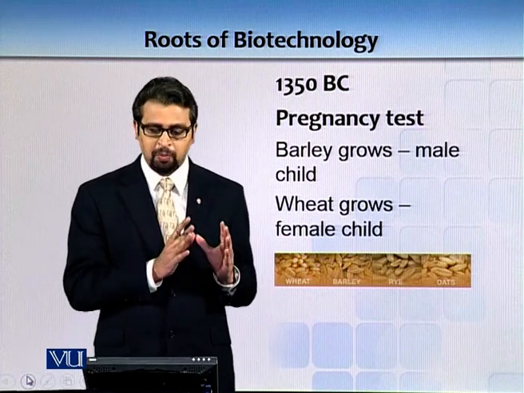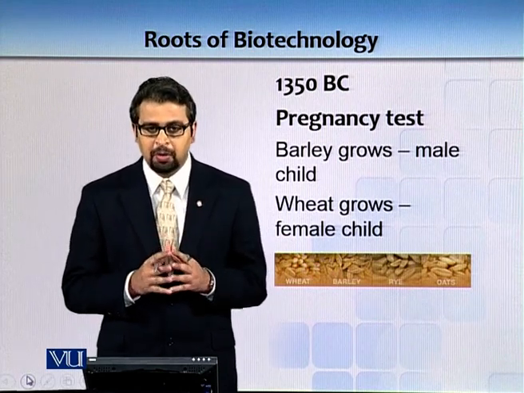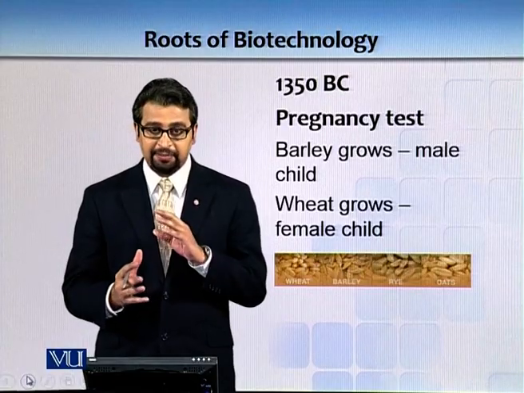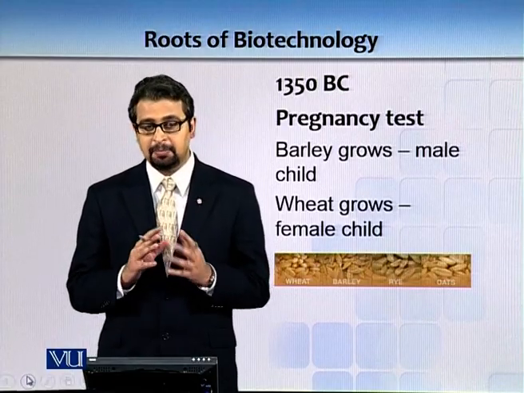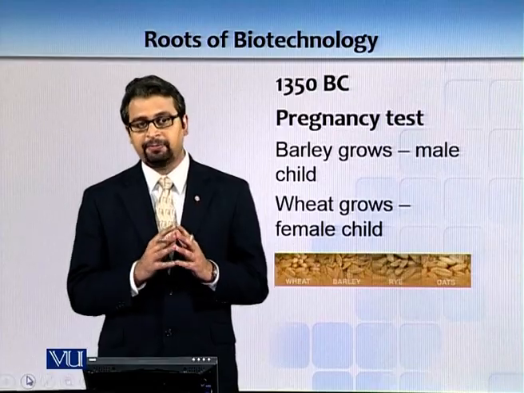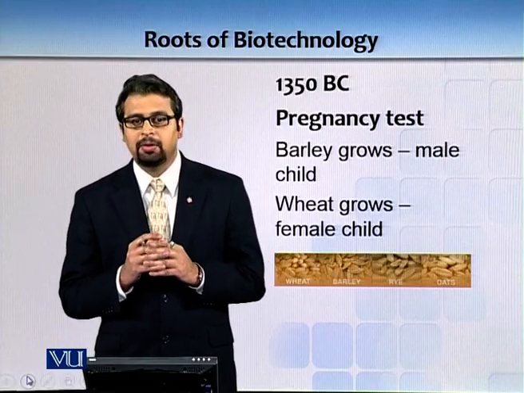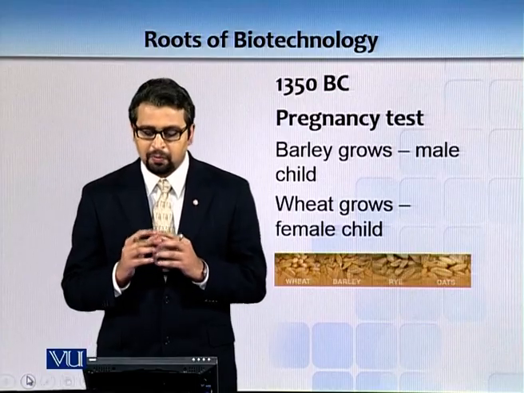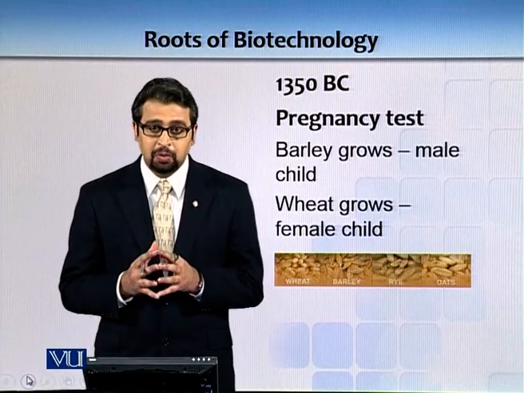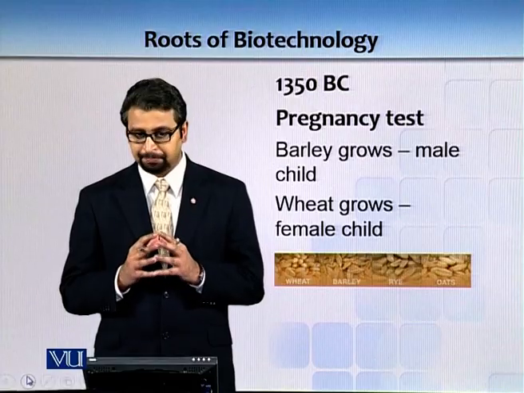So if a pregnant woman would urinate on barley seeds, and if it grows, it would be a male child. And if a pregnant woman urinates on wheat, and if the wheat grows, it would be a female child.